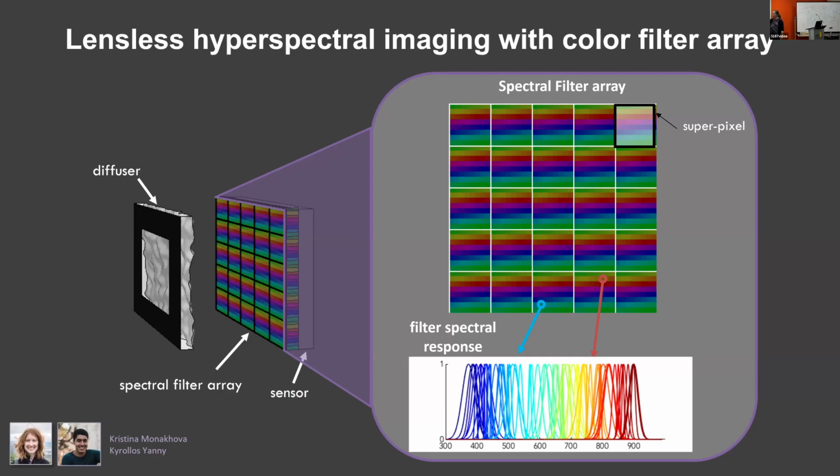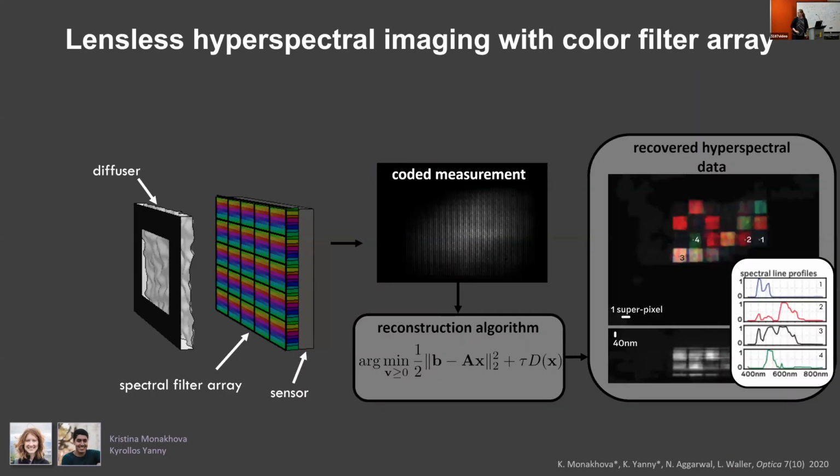Christina's idea was that if you put this onto the sensor of the DiffuserCam, the multiplexing behavior of the diffuser means you can solve this like a 3D XY-lambda problem, the exact same problem as our 3D DiffuserCam, but now with a different erasures pattern. And then she could solve this to get hyperspectral.